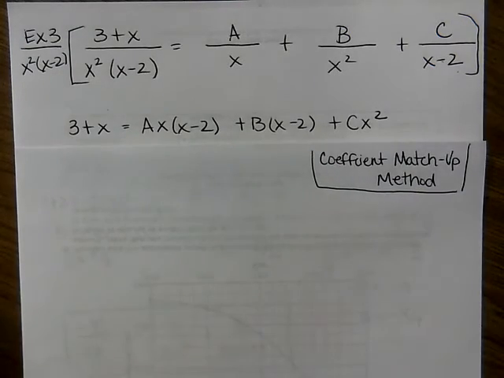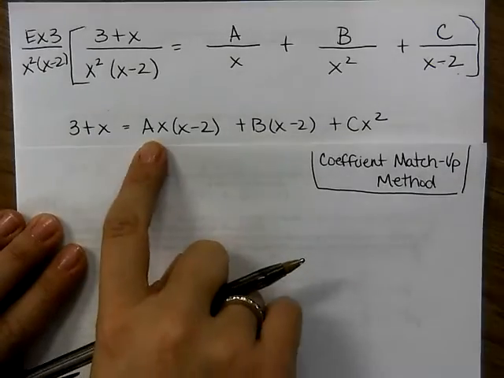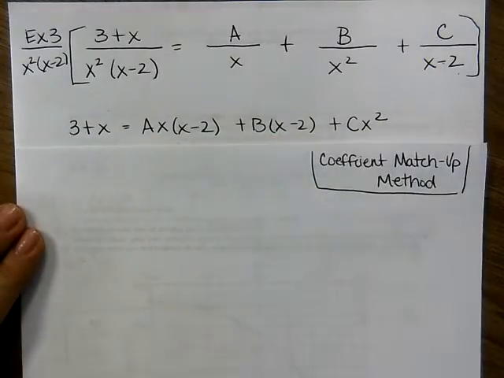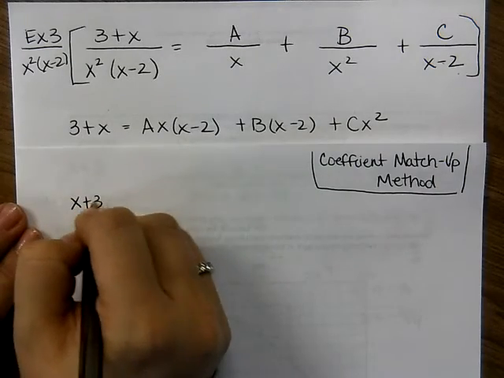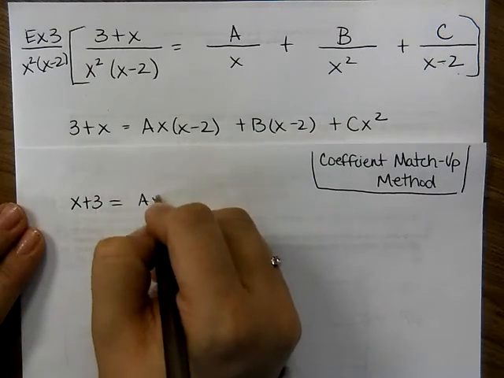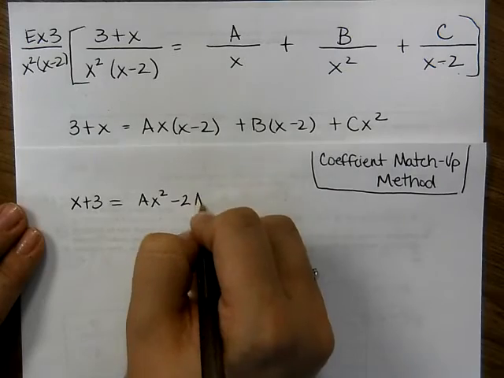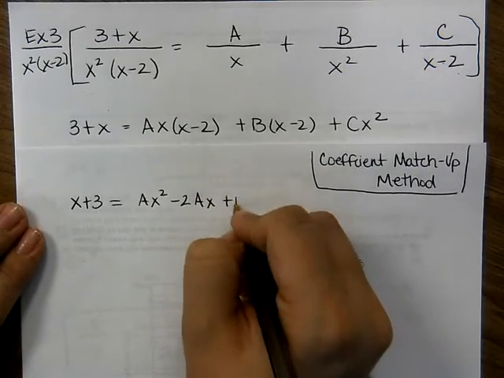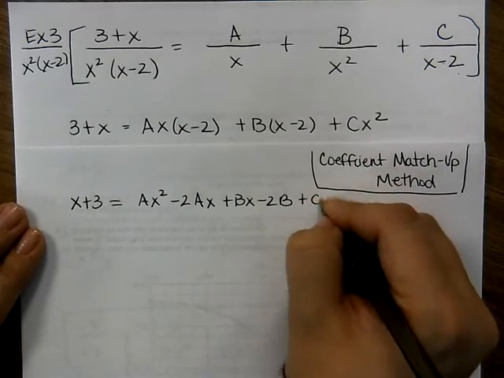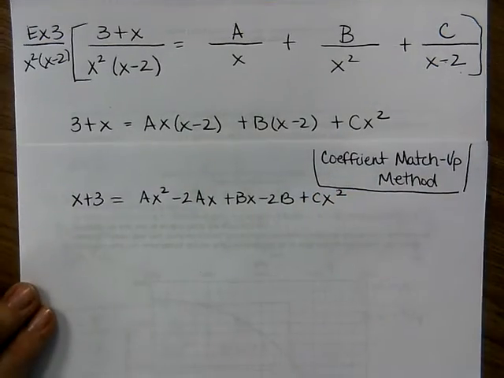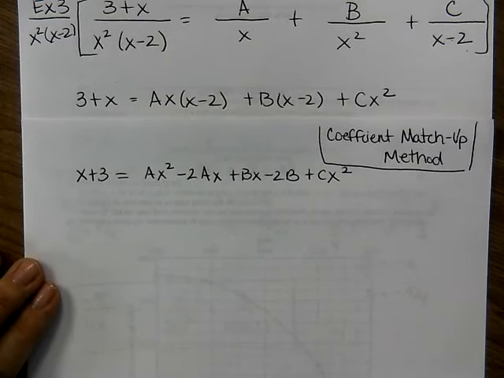What you're going to do is expand this. So we're going to distribute the a, the b. I'm just going to reorder this. So I get x plus 3 equals ax squared minus 2ax plus bx minus 2b plus cx squared. All I've done is distribute that.